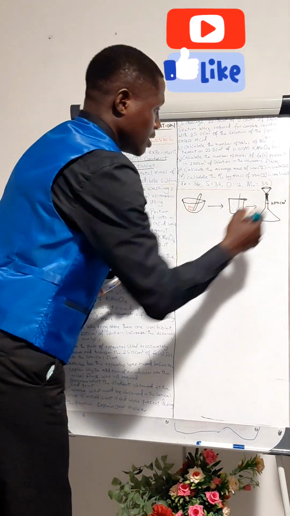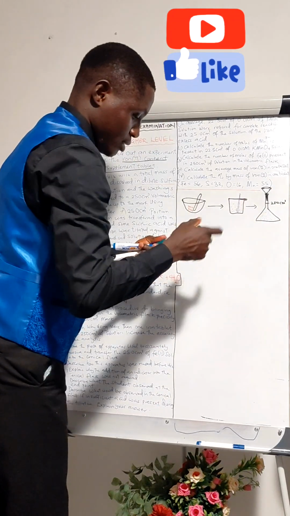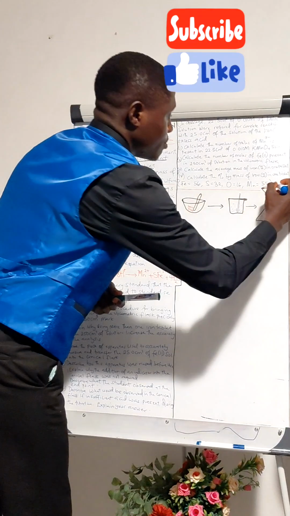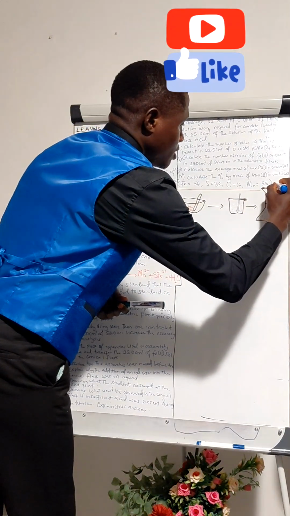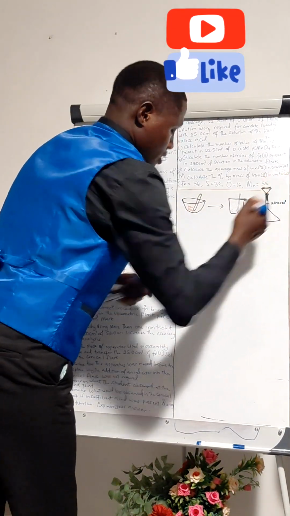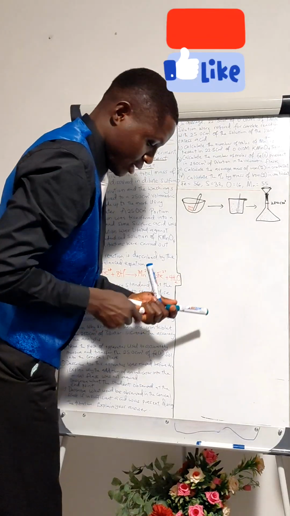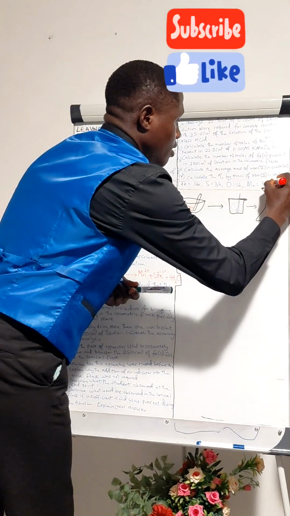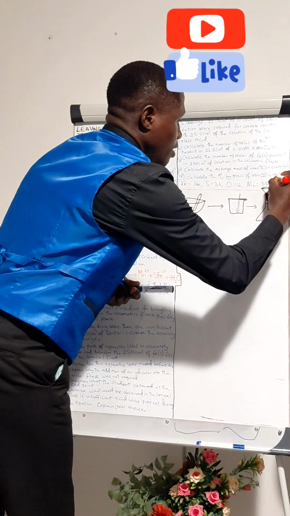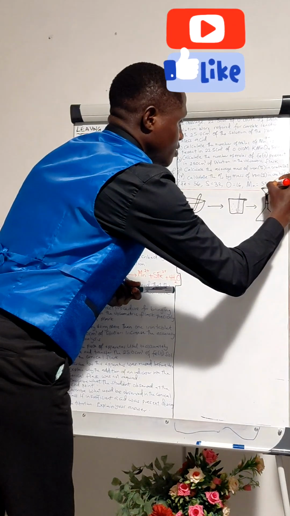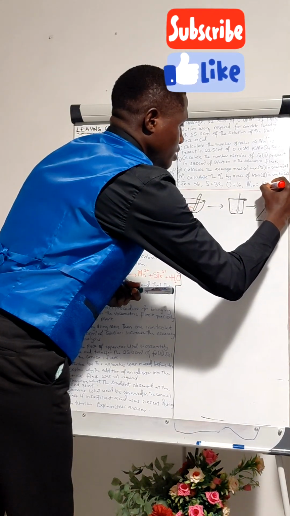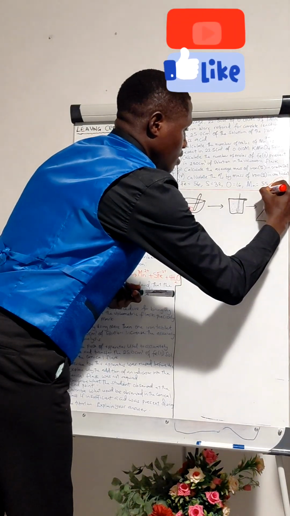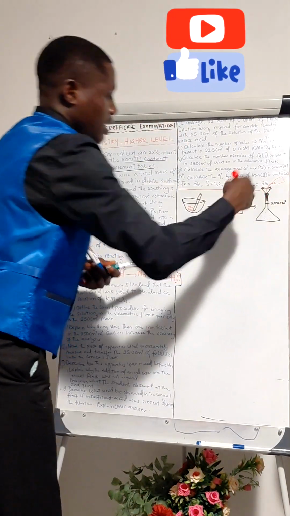So the deionized water was introduced to rinse everything. This is just a representation of what is happening in the practical. I have a wash bottle as a representation, which was used to rinse the sides of everything.